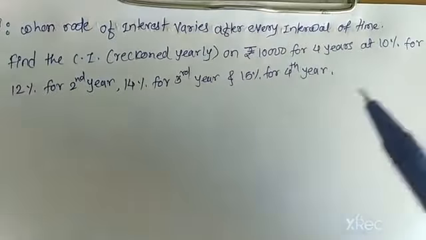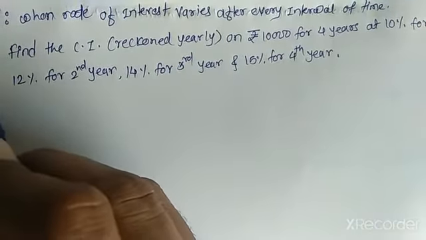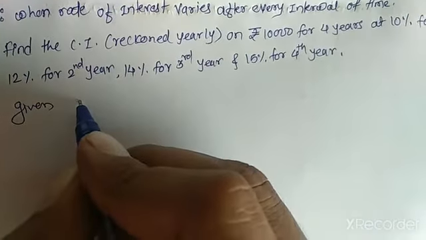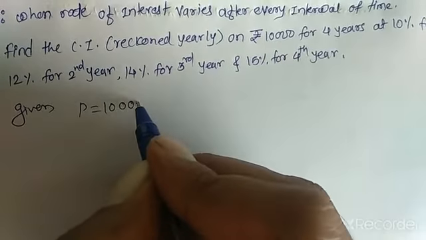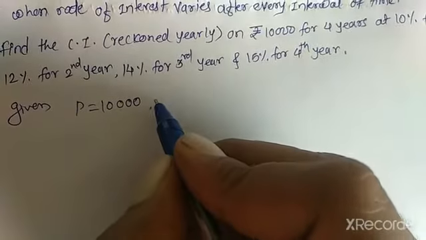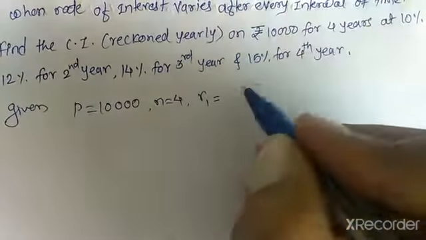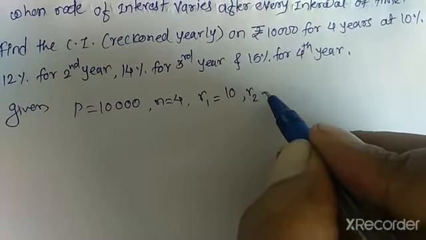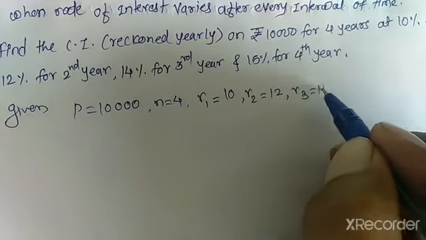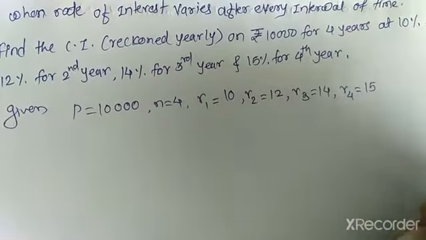So for this we have given P is equal to 10,000, okay. Next n is equal to 4, it is for 4 years, and rate of interest R1 for first year is 10%, R2 is 12% for second year, R3 is 14% for third year, and R4 is equal to 15% for fourth year.